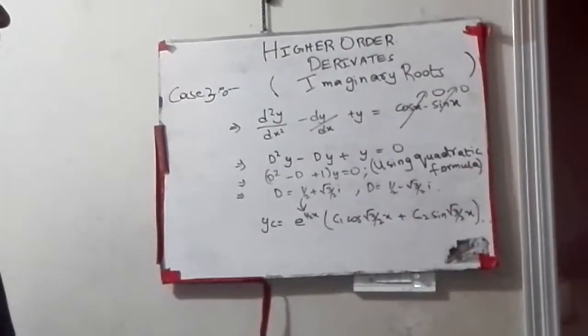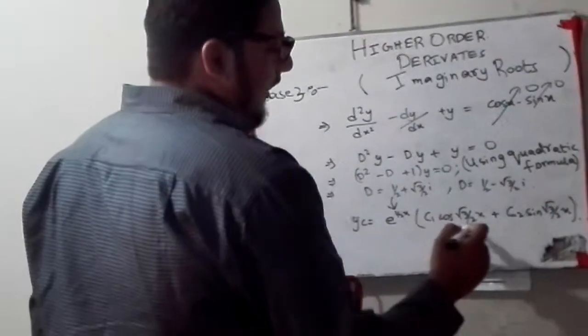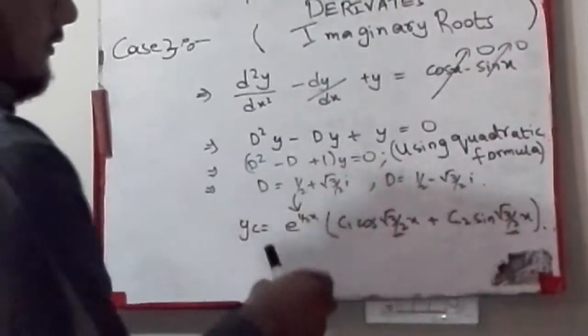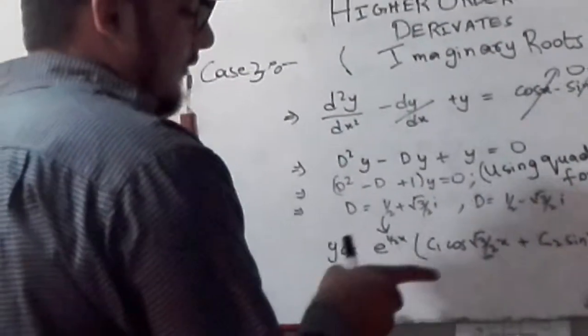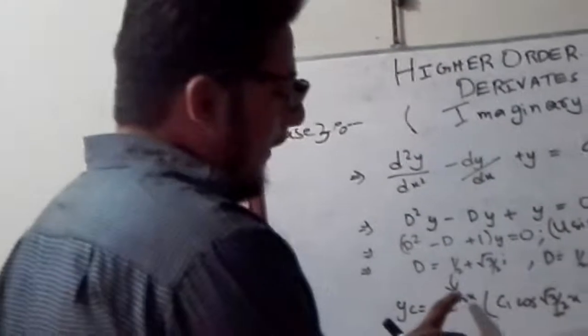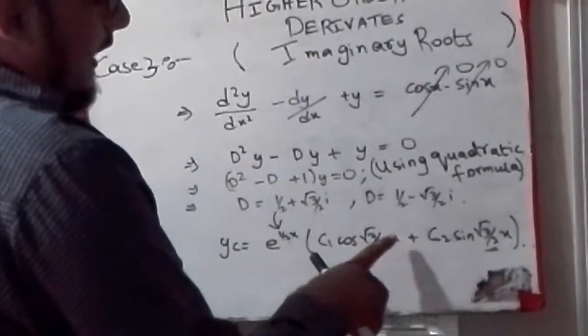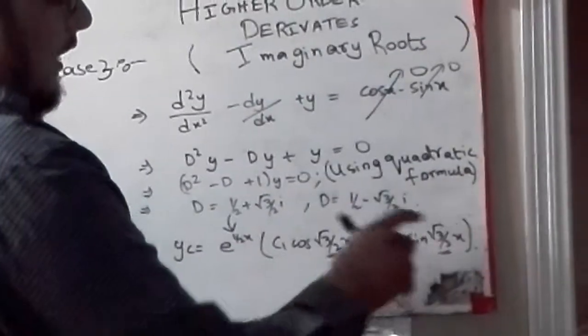So overall, these are the imaginary roots and this is the real root. So overall this equation would be e to the power half x, c1 cos root 3 upon 2 x plus c2 sin root 3 upon 2 x.